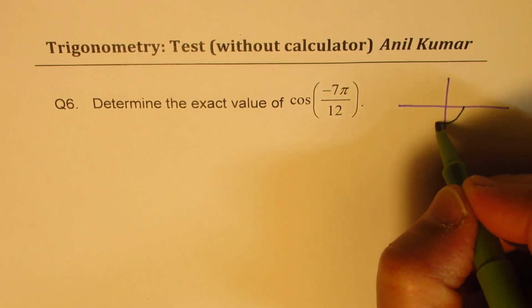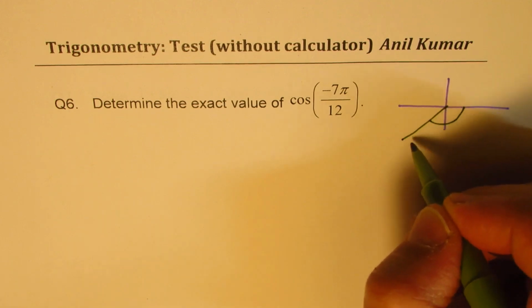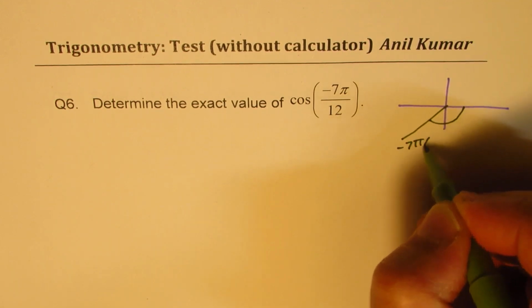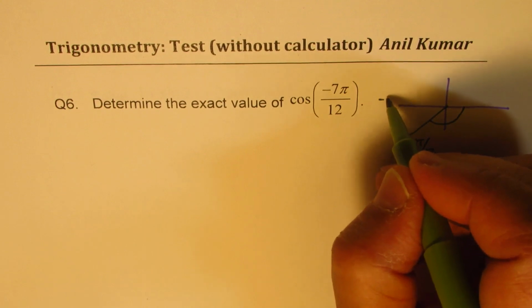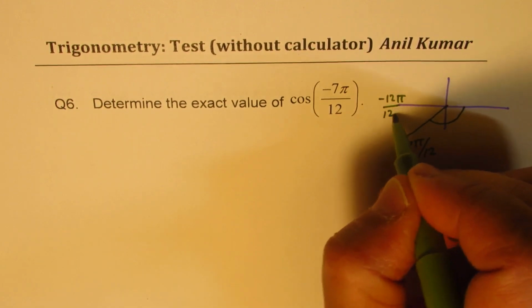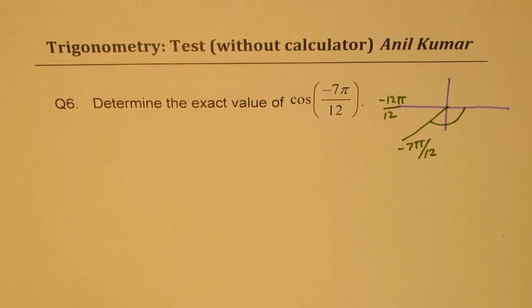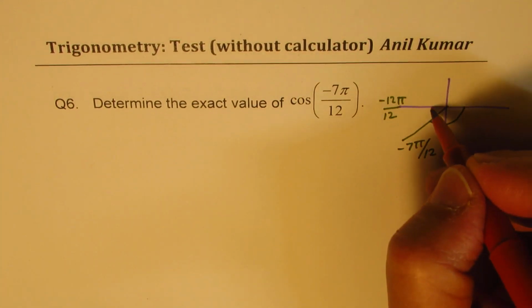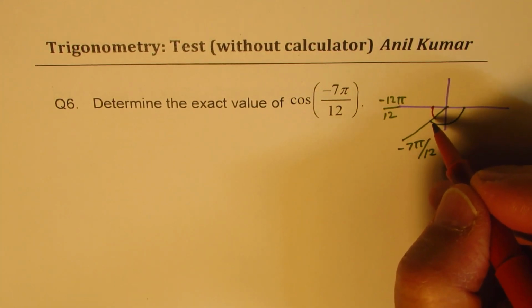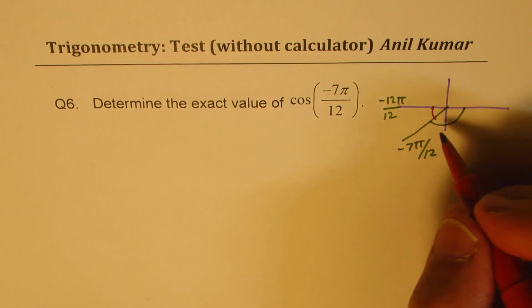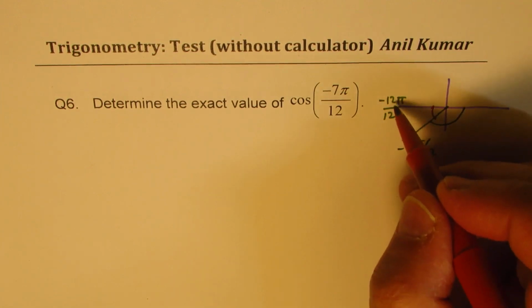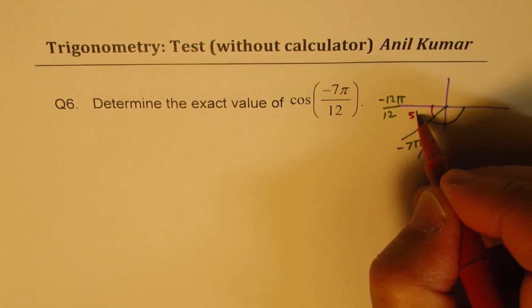If you are going in this direction, you will land somewhere here. That will be your minus 7 pi by 12, correct? Since this is minus 12 pi by 12. Perfect. So in that case, the related acute angle over here is, 7 and 5 gives you 12, so it is 5 pi by 12.